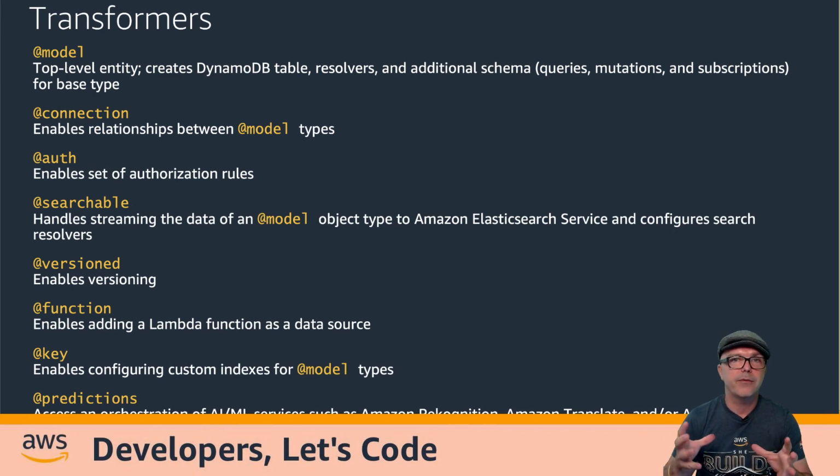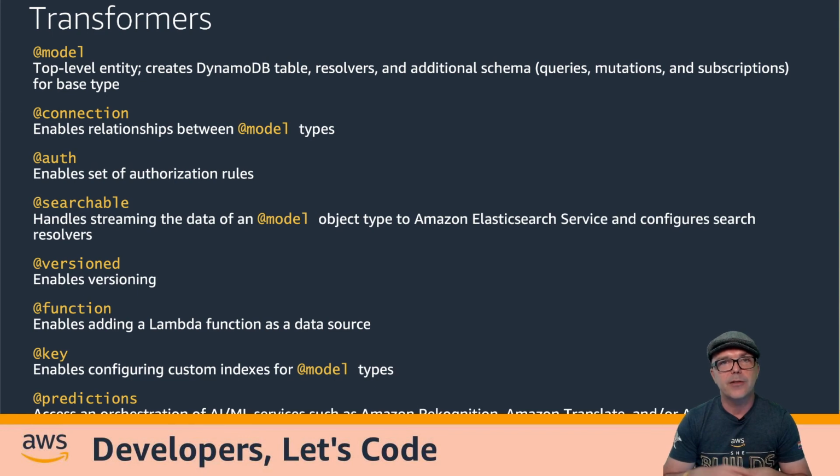If we have a number of different types, we can model what the relationships look like between the types using the @connection transformer. @auth we've talked about. @searchable I've mentioned. @versioned allows you to start versioning your schema, so you can apply different versions against types. The @function allows you to build a Lambda function, which is cool.